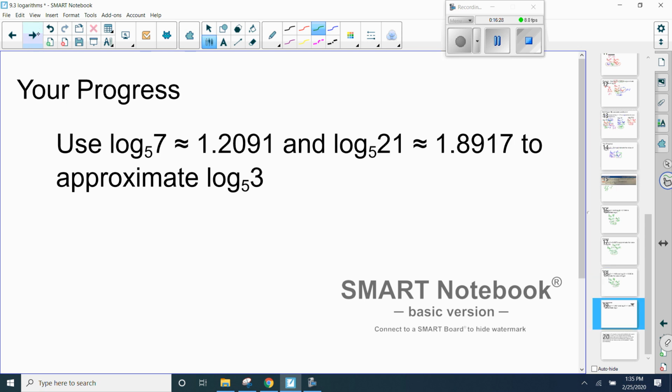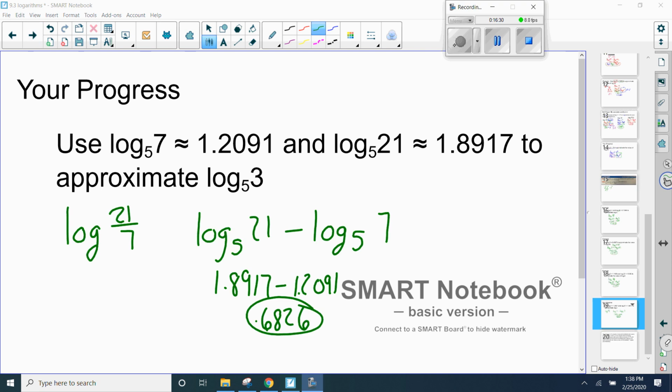You're going to subtract, like you're wanting to get log base 5 of 3, because 21 divided by 7 is 3. So you're going to take 0.8917 minus 1.2.